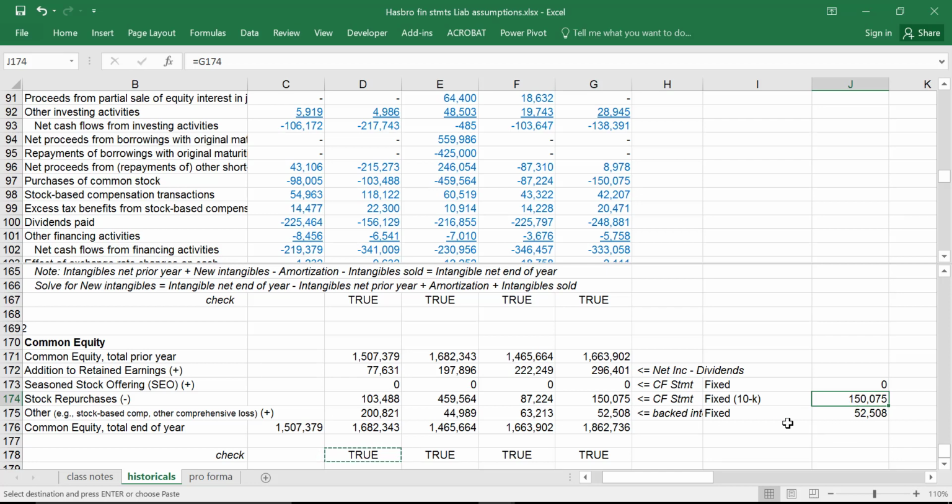And then for the other, it's moving around. There's no reason to necessarily go with any particular figure, so we'll just go with the fixed last amount. We're going to straight line that, or keep it fixed, for the next 2 years. So we still need to talk about dividends, of course.